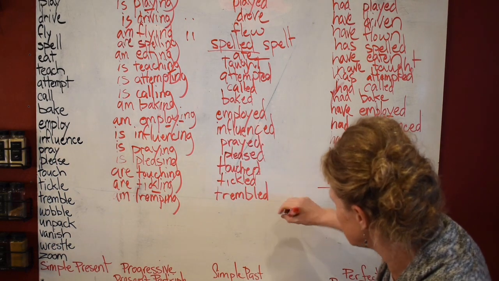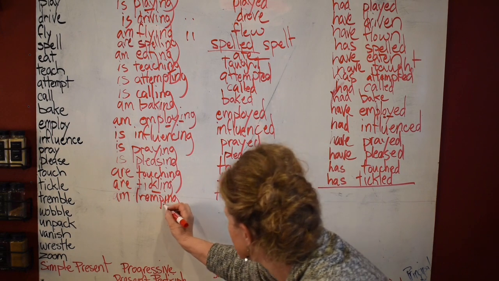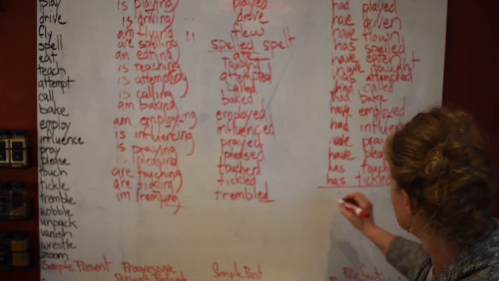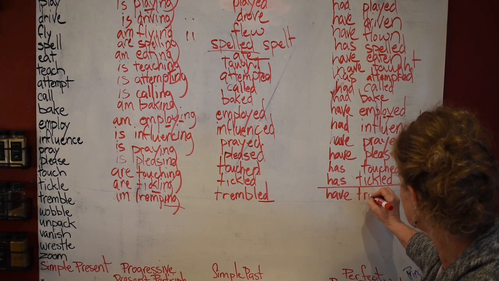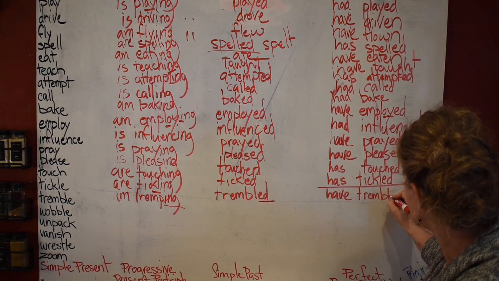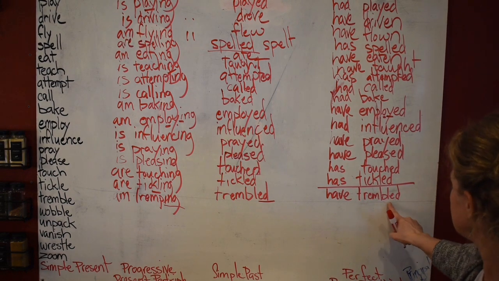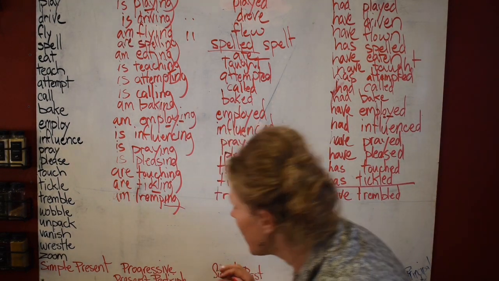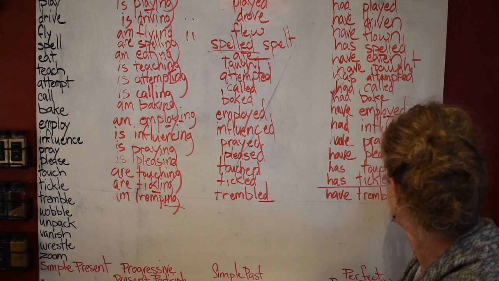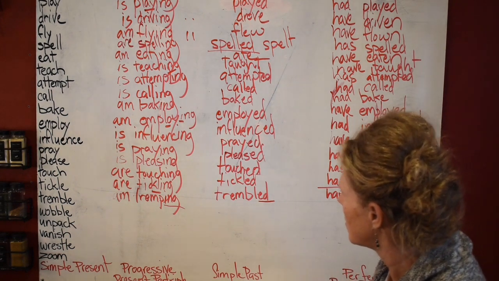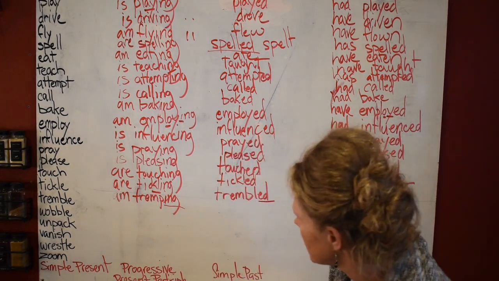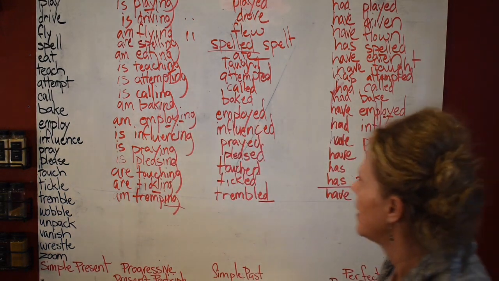This is your past tense suffix. Have trembled. Can you cross your T? No, on the other one. The first one. Oh, I did. You just can't see it.